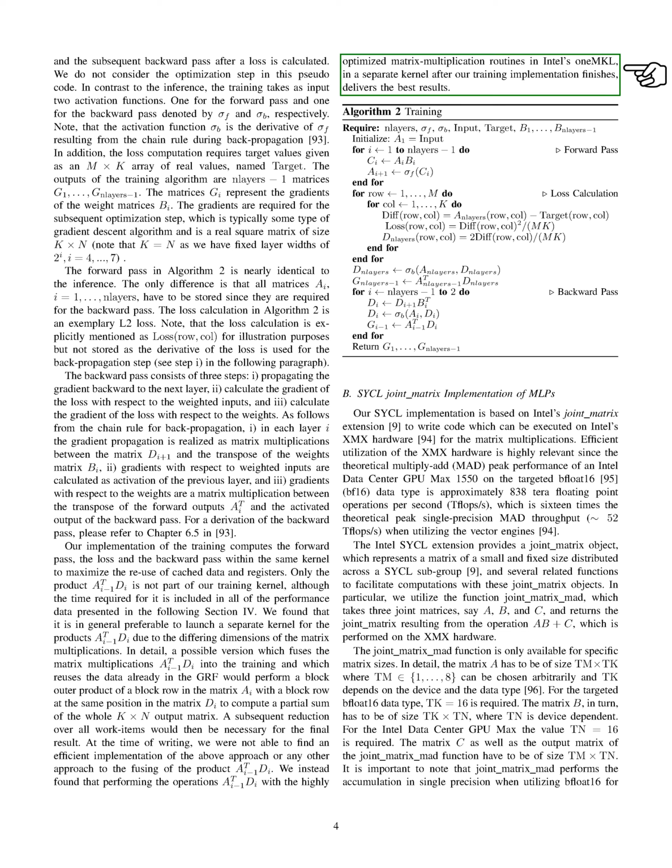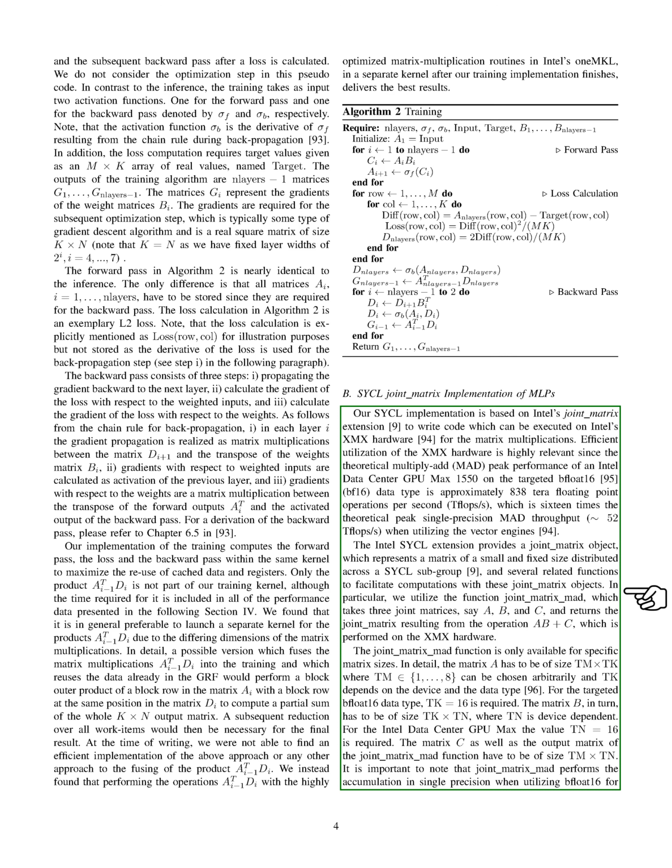Section: SYCL joint_matrix implementation of MLPs. In this section, we implemented the SYCL joint_matrix extension for MLPs. Our implementation is based on Intel's joint_matrix extension, allowing us to run code on Intel's XMX hardware for matrix multiplications.